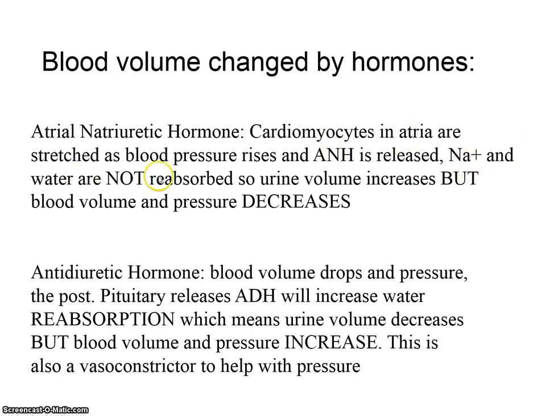Sodium and water are not reabsorbed, basically because fluid is going to move through the whole renal tubule faster. This is going to tell the principal cells and cells in the distal convoluted tubules not to put in those sodium transporters. So urine volume increases, but blood volume and pressure decrease.